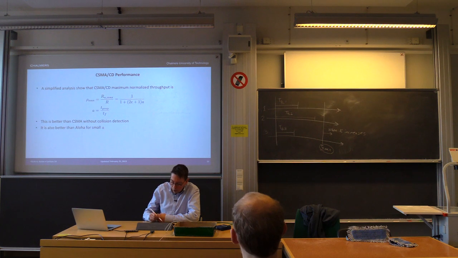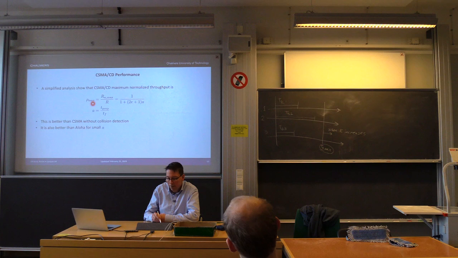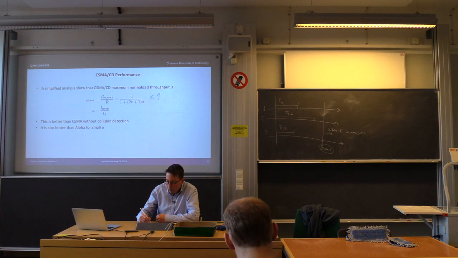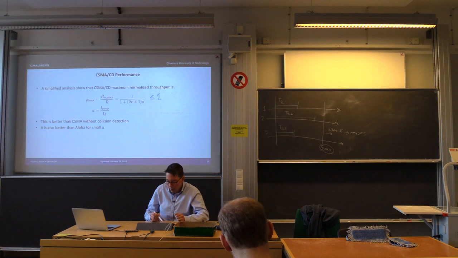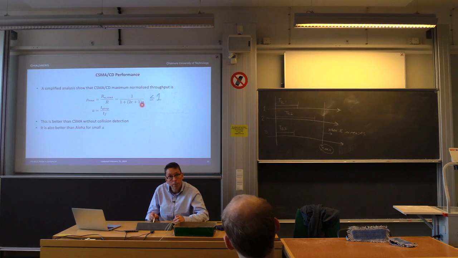And we see that rho max, the maximum load we can have, and remember that this is always a number which is less than or equal to 1, is given as follows: 1 over 1 plus (2e plus 1) times a.